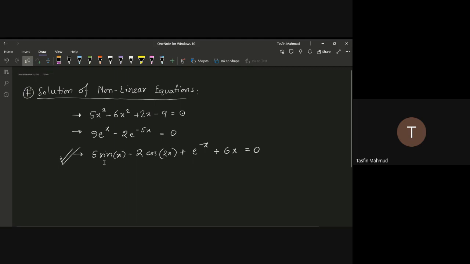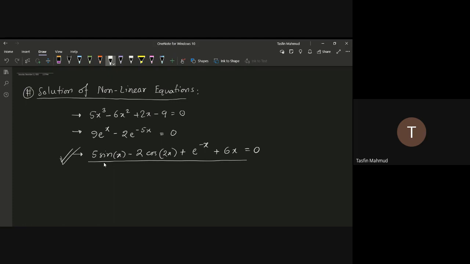By the word analytical I mean the way we generally solve using pen and paper. So if this equation has been given and we have been asked to find the value of x, then the analytical approach might become difficult.